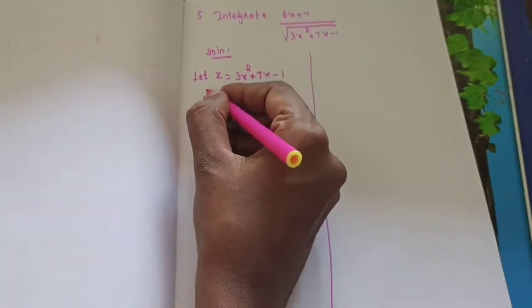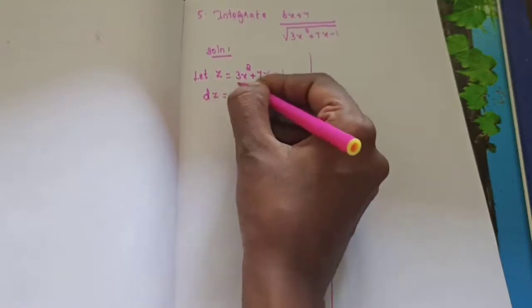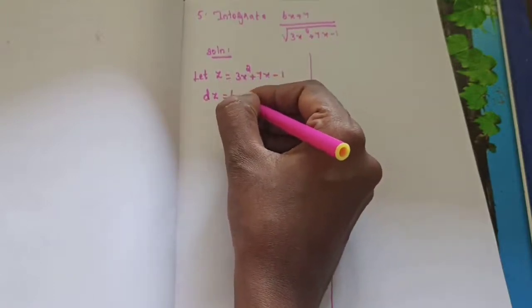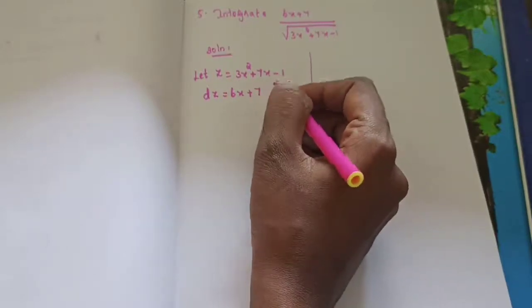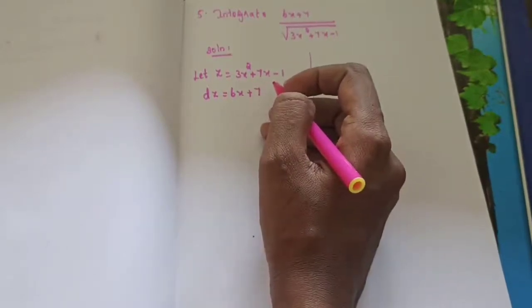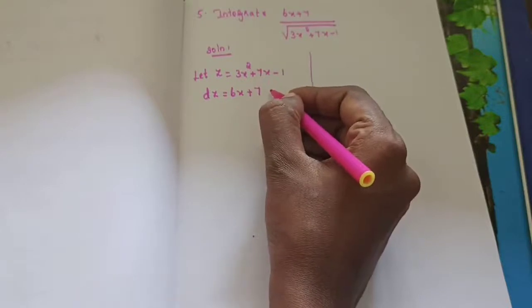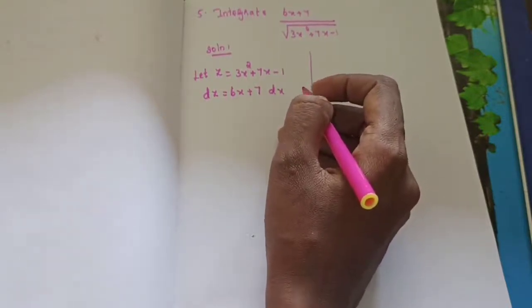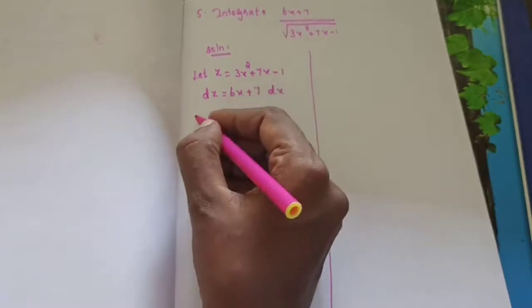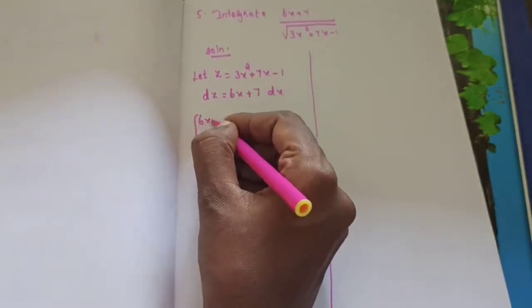If you are finding dz, what will happen? dz is equal to 2 threes are 6x plus 7, correct? 7 minus 1 is there, so minus 1 is a constant, into dx, with respect to x; because of that we put the dx. Now you can substitute in the question.